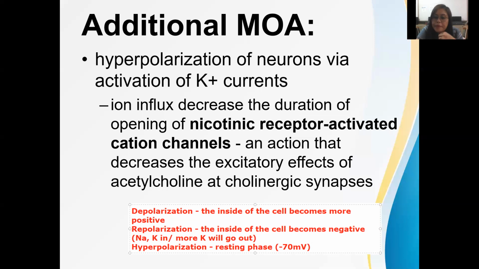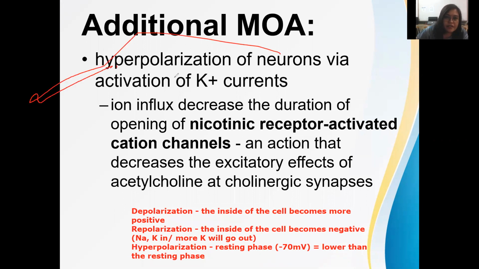But if you have hyperpolarization, the current in our membrane or in our cell is lower than the resting phase. That is why, if you look at it on a graph, like in an EEG or ECG, if this is the resting phase, this is the depolarization, and this is the repolarization.